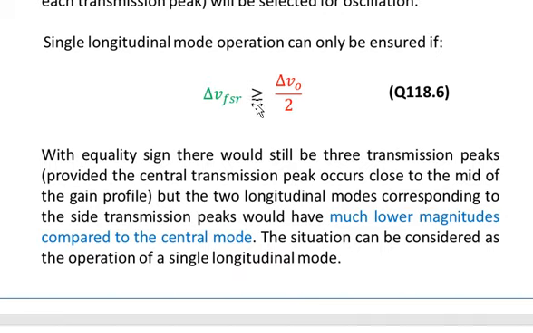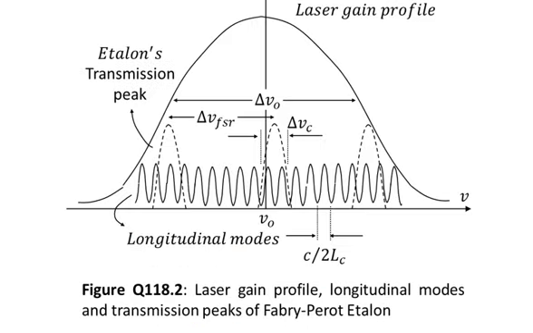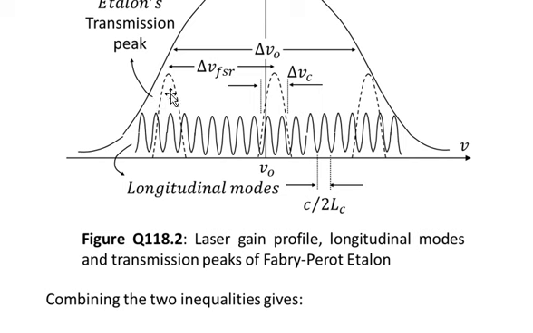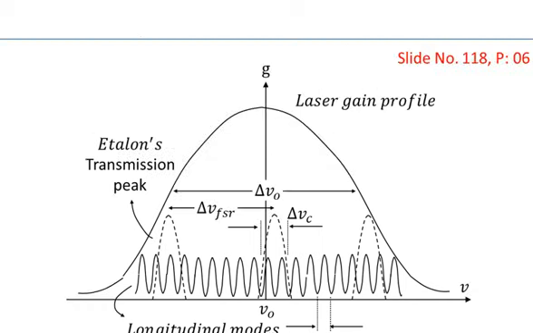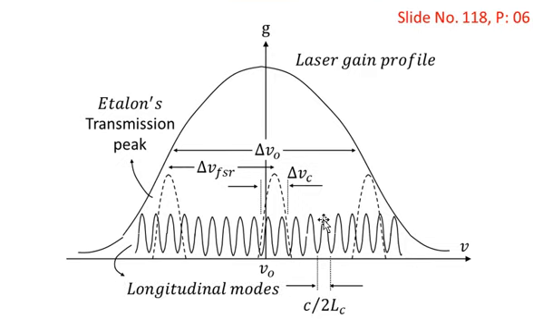So you see that if you consider the equality sign over here, then of course the three transmission peaks of the Etalon will still be lying as shown in the laser gain profile. So it means that there are three longitudinal modes. Suppose that this central transmission peak is lying in the center of the gain profile. Then this transmission peak will be slightly shifted towards the left, and this will be shifted slightly towards the right.